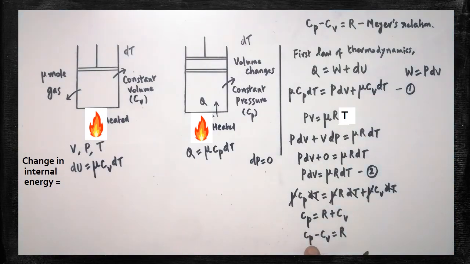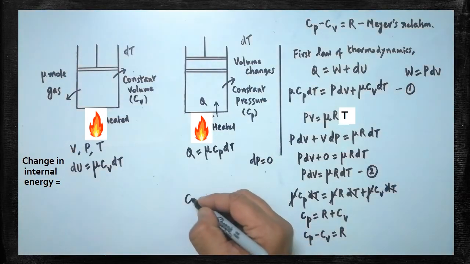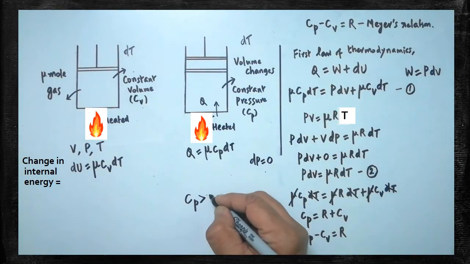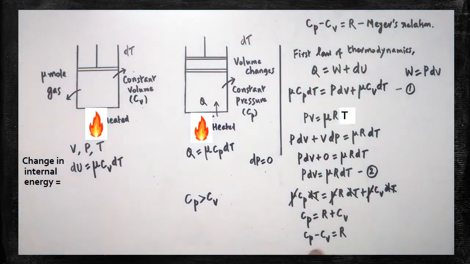Don't forget. The difference between Cp and Cv is nothing but the universal gas constant. Here you should know one thing: Cp is always greater than Cv. That difference gives you the universal gas constant. Since Cp is greater than Cv, this is called the molar specific heat capacity.